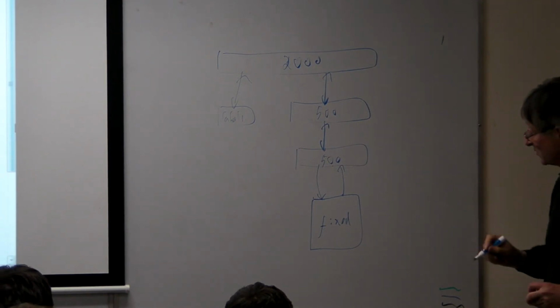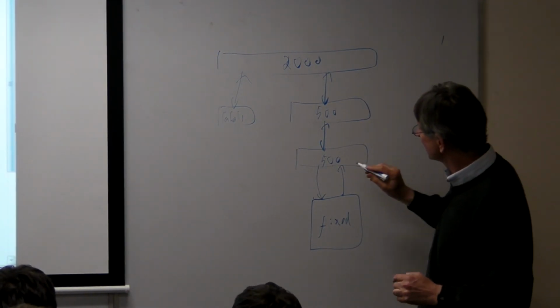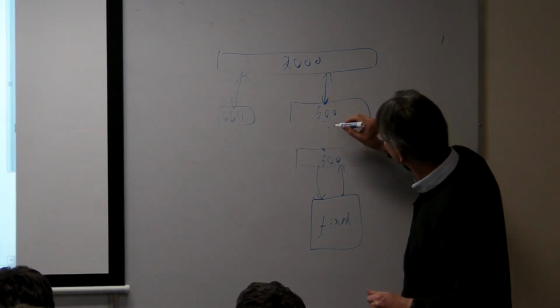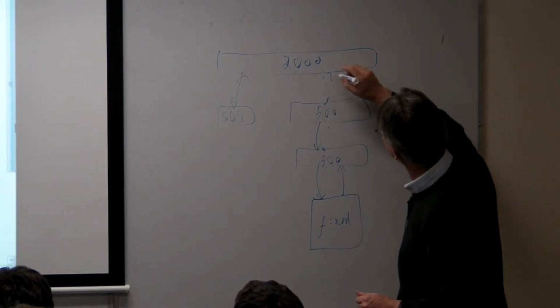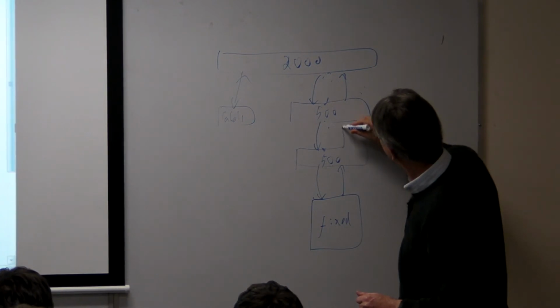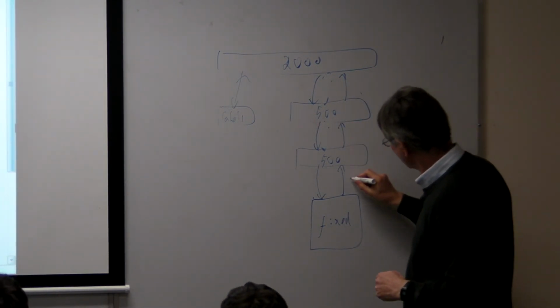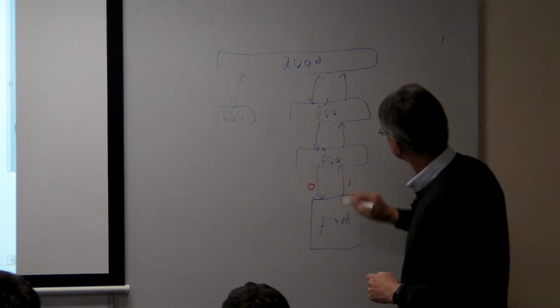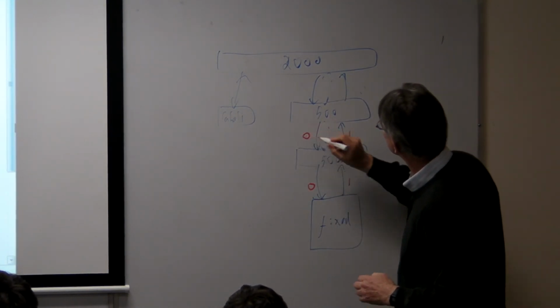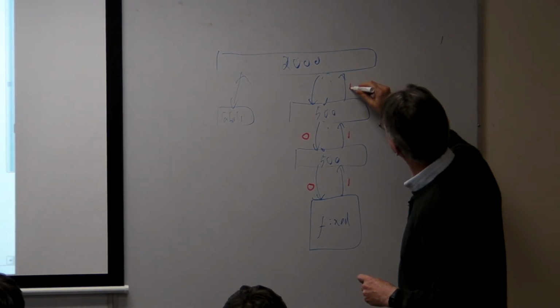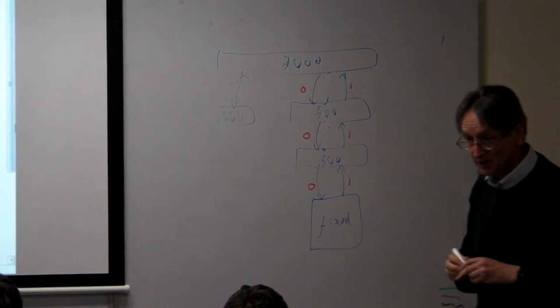You show it one of those inputs, and on the first pass, you do 1 times those weights and 0 times those weights, and 1 times those and 0 times those. So that's a pure bottom-up pass.